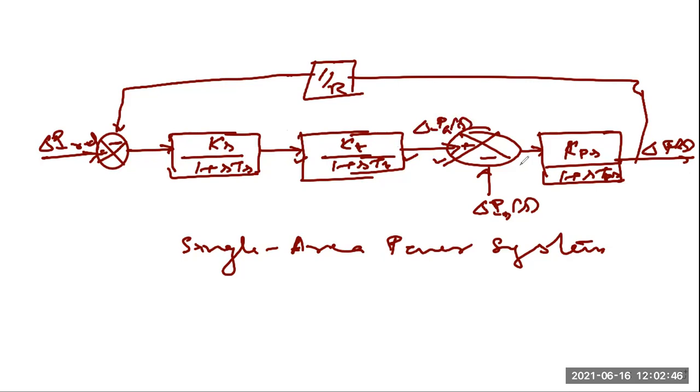Delta PGS minus delta PDS, and here you have a governor output delta PS, and this is your delta XCS. So this is basically your block diagram. Is this block diagram clear to all of you? Yes, sir.